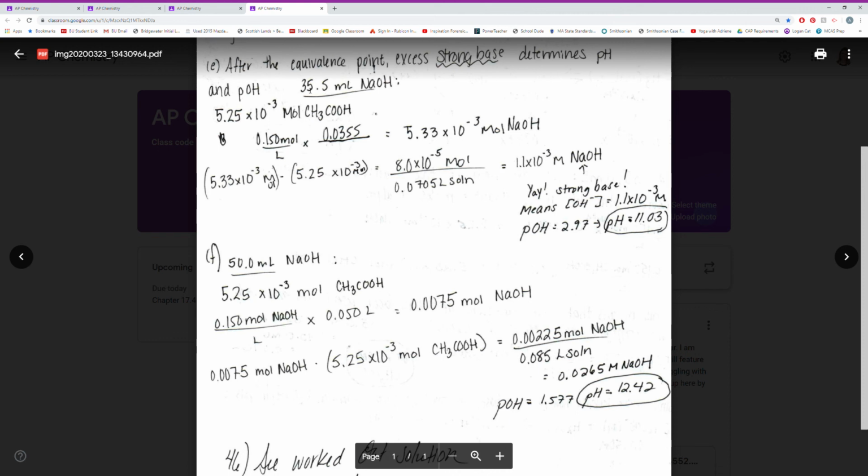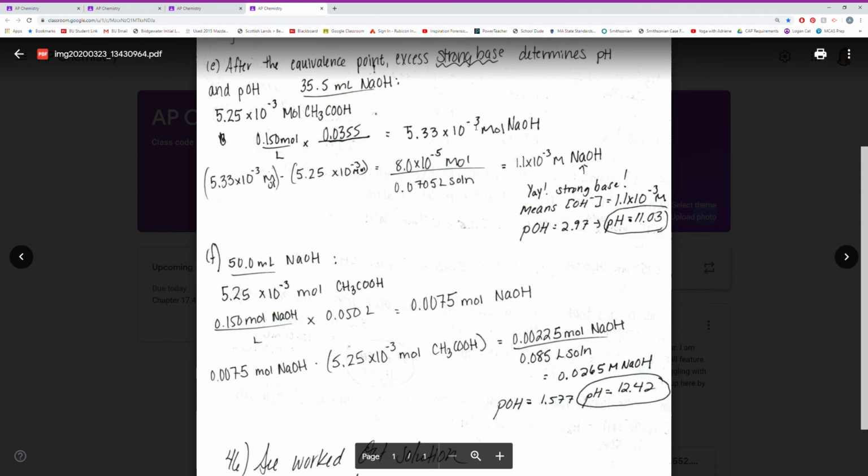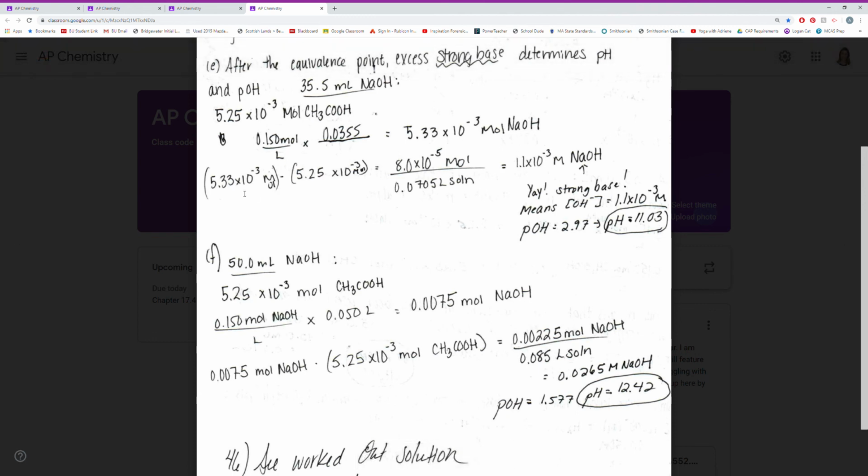So in this case, we have 35.5 milliliters of sodium hydroxide. So we do out the math to figure out how many moles of sodium hydroxide that is. It's 5.33 times 10 to the negative third moles of sodium hydroxide. So we take this number of moles of sodium hydroxide and we figure out how much of that is used up in the neutralization of the acetic acid.